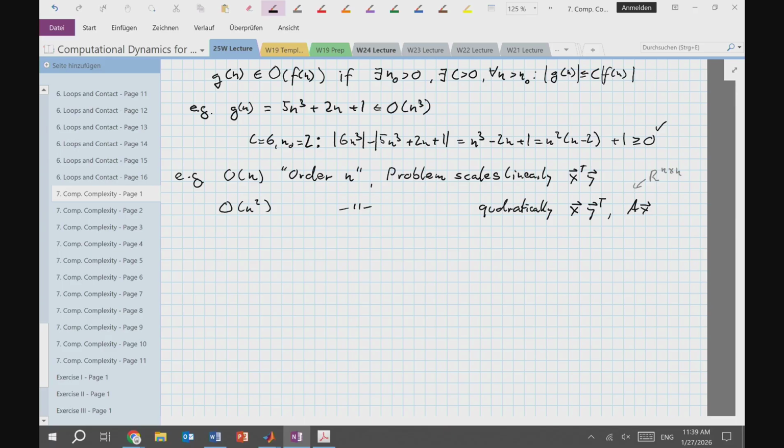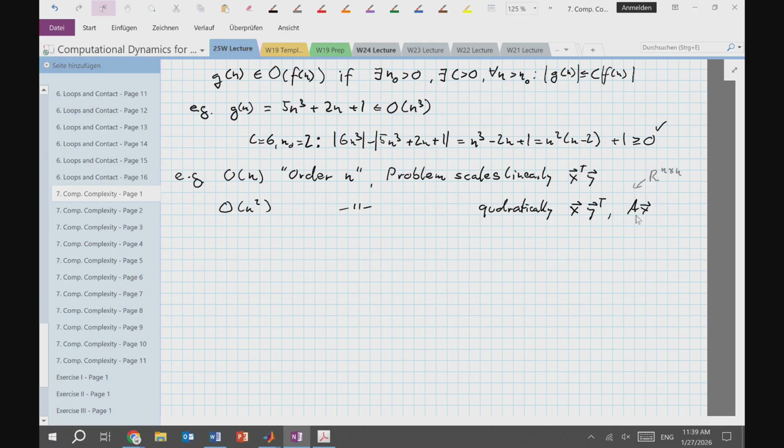Every row has to be multiplied with the vector, in the sense of a dot product. So I'm doing n individual dot products, and that means n times n operations, n square operations, or the way you would set this up is through two nested for loops.